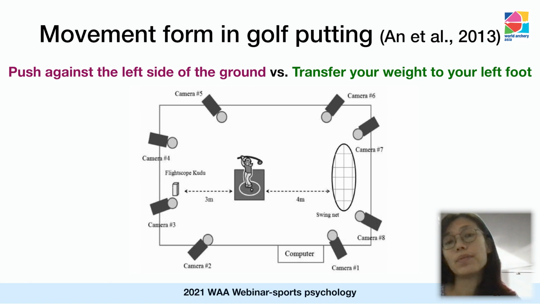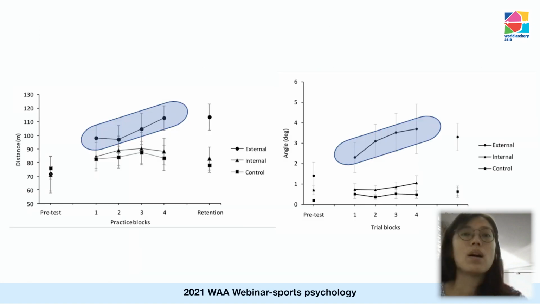So here we found evidence that giving different kind of instruction can also make difference in terms of the movement coordination. Okay, so we know external focus of attention is helpful in terms of the movement outcome and the movement coordination. And how about the movement efficiency?